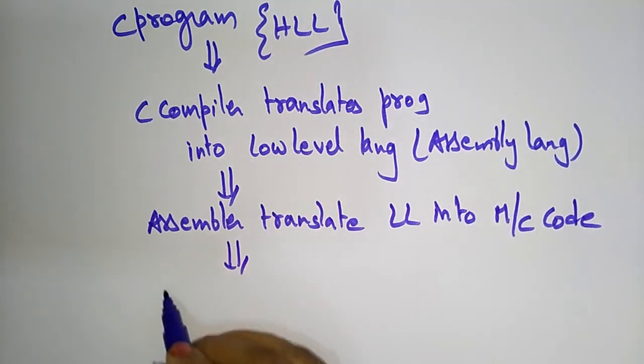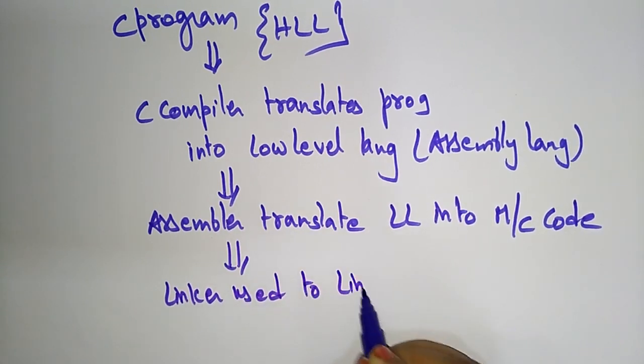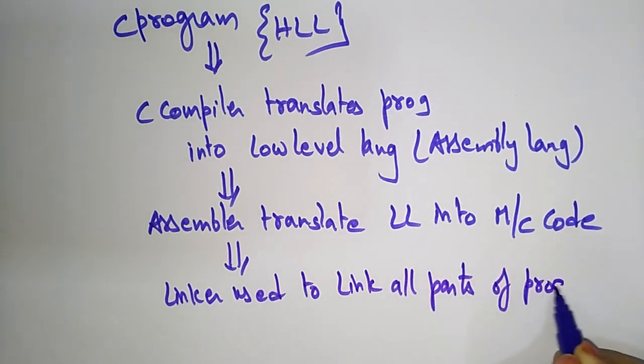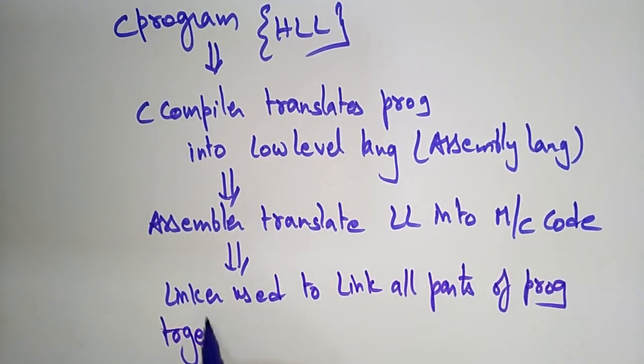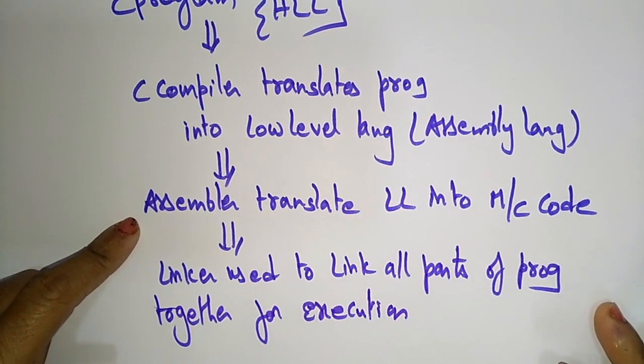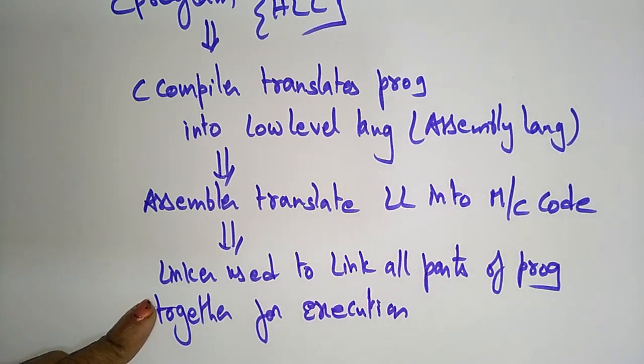After assembling, the linker is used to link all parts of the program together for execution. While converting the low level language into machine code, the linker links all parts of the program, like library functions that have to be included. It gathers the code from the library functions and links the parts of the program together for execution.